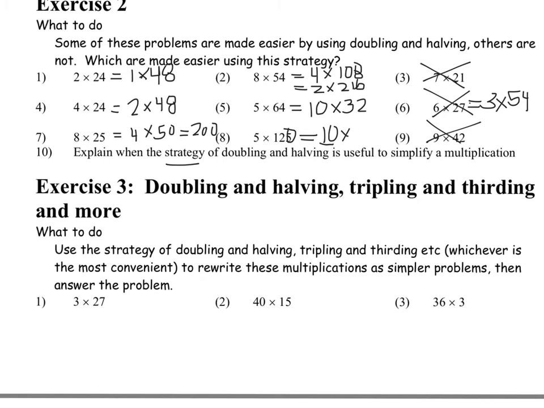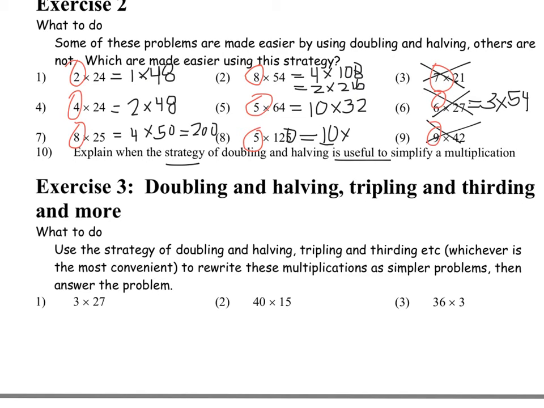So is there a strategy when doubling and halving to know if it's useful to simplify multiplication? So let's look at the commonalities. What do these things have in common? 2, 4, 8, 8, 5, 5, 7, 6, 9.